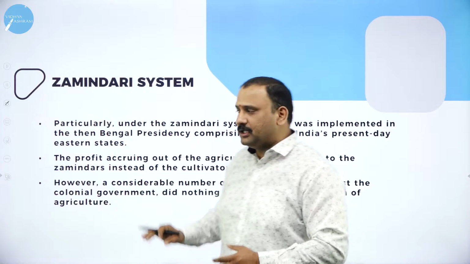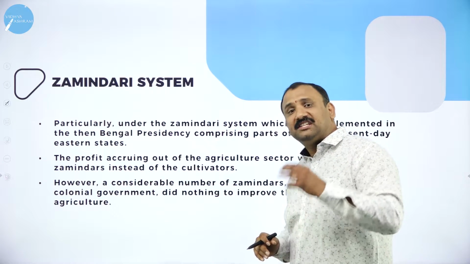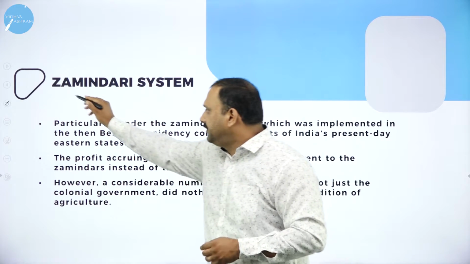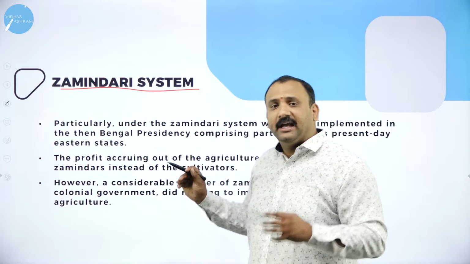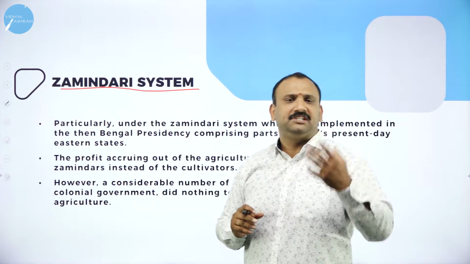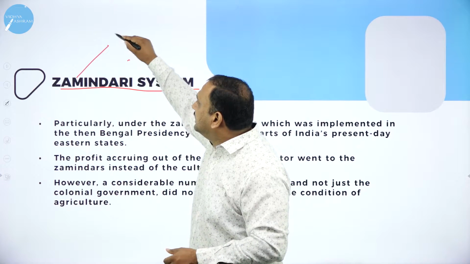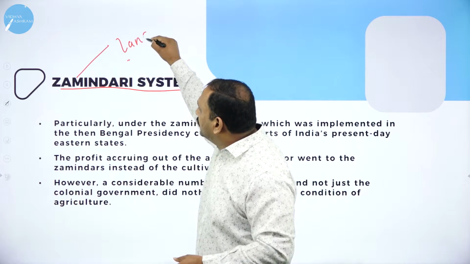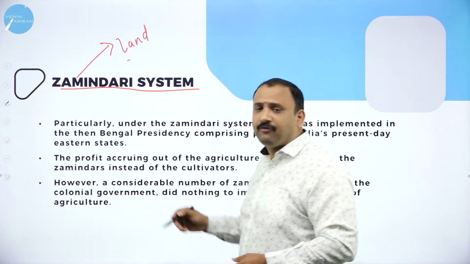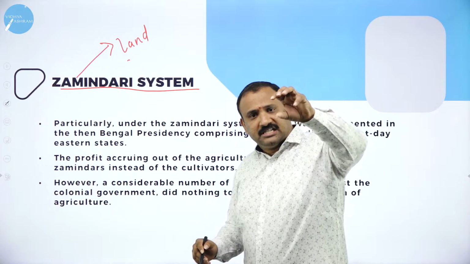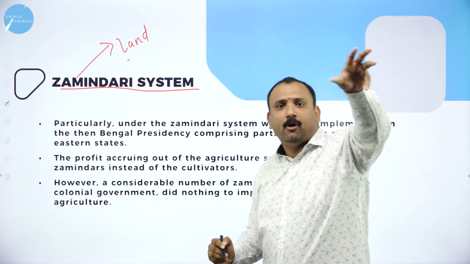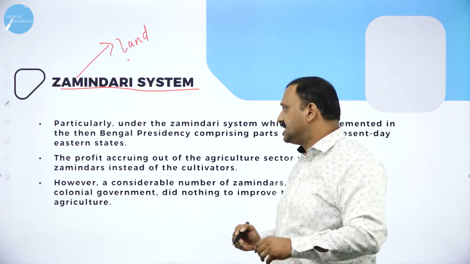Moving forward. Now, we are also going to talk about the Zamindari system, quite an interesting system that came up in the Indian economy. What is a Zamindari system? The word Zameen itself means land altogether. So, the word Zameen means land for us. Now, Zamindari, ownership of land, it's a very, very interesting concept.